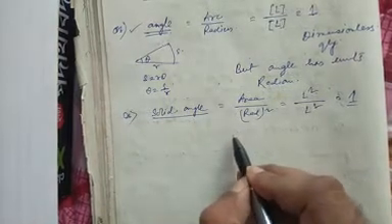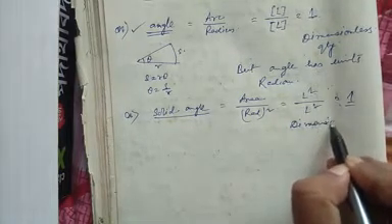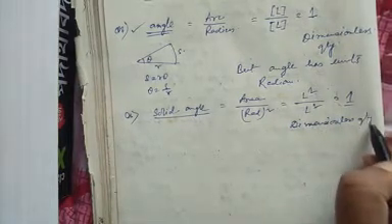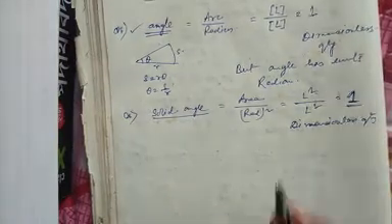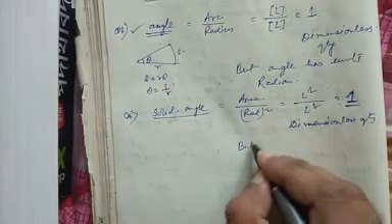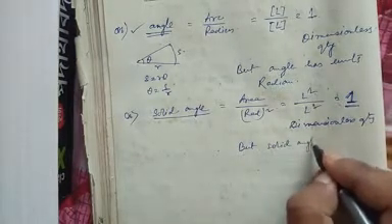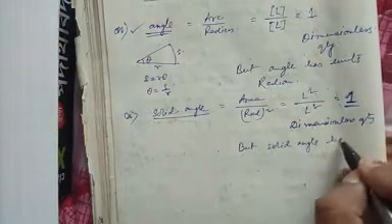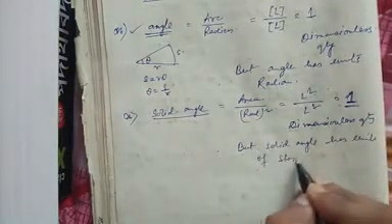Dimensionless quantity has a dimension of 1. But again, similar to the above case, solid angle has units of steradian.